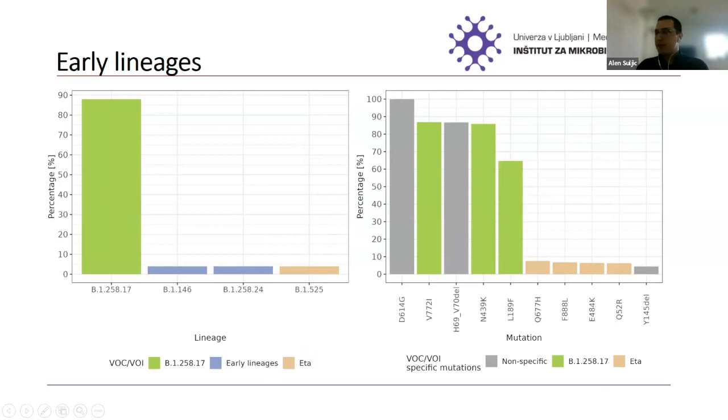We can also observe that the frequencies of the V772I mutation and N439K follow quite linearly the exact percentage of the lineage in the pool.